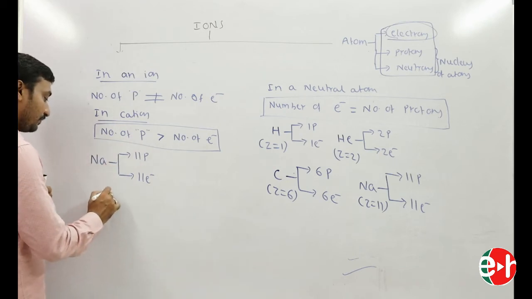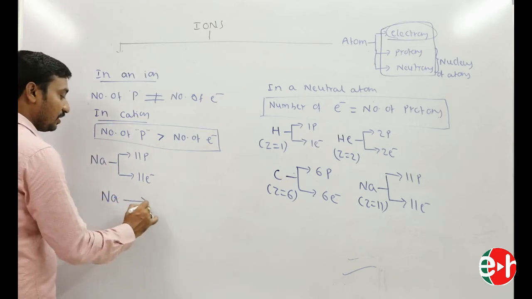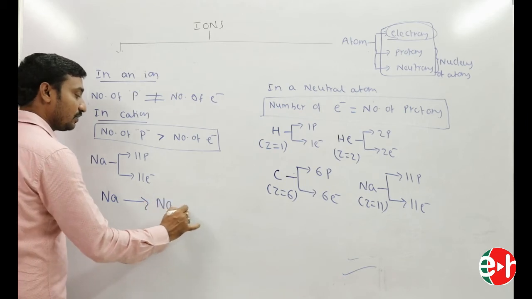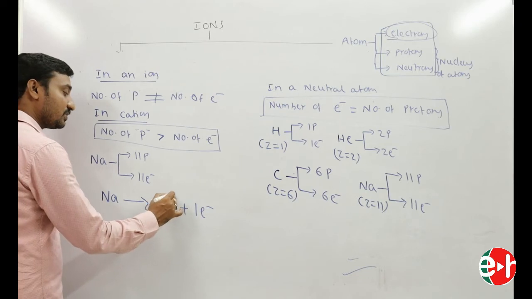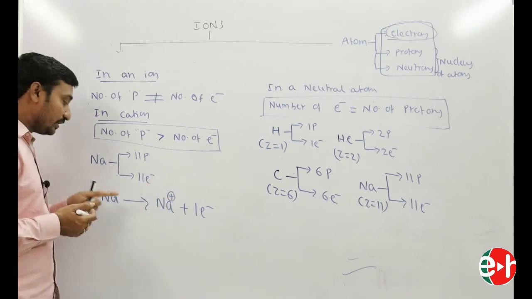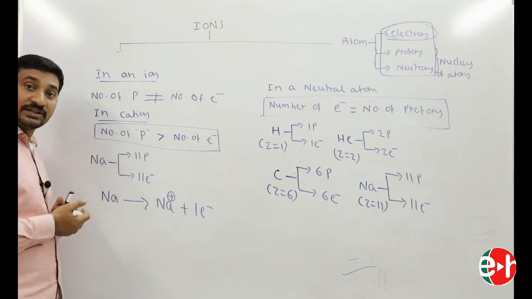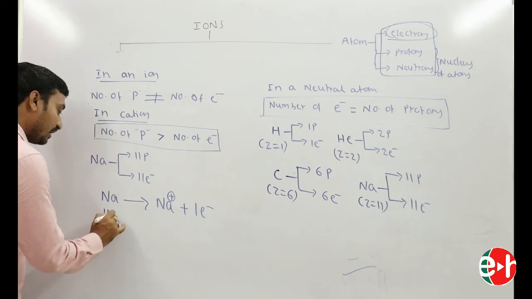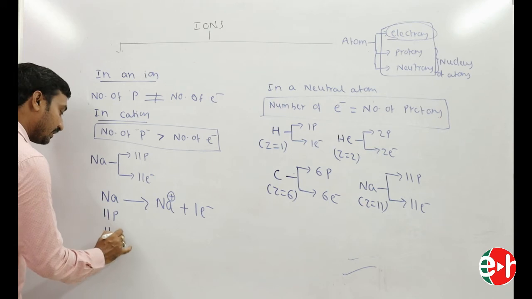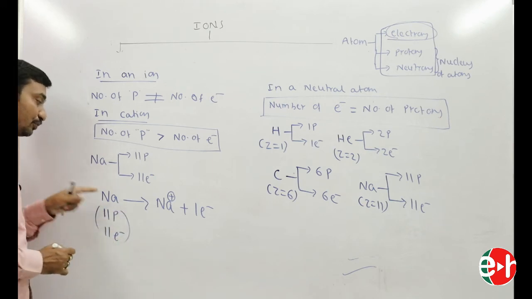Sodium lost one electron and formed a positive charge. So it lost one electron, then one electron less. In a neutral atom, how many protons? 11 protons, 11 electrons.